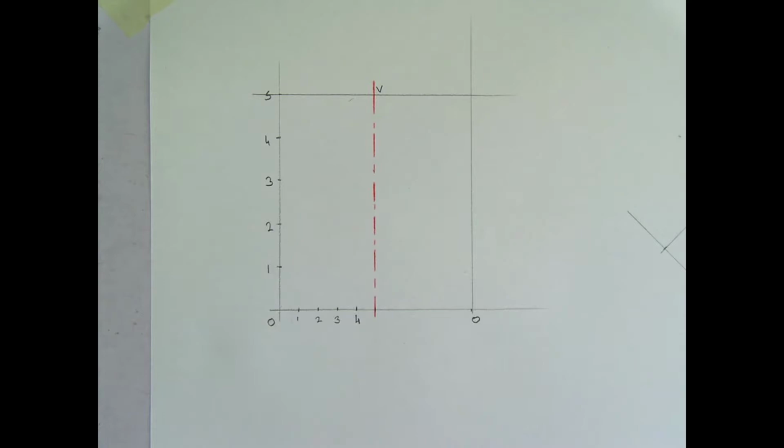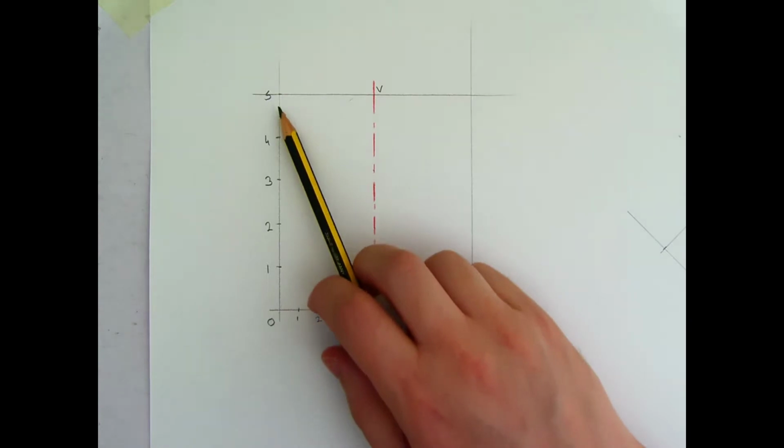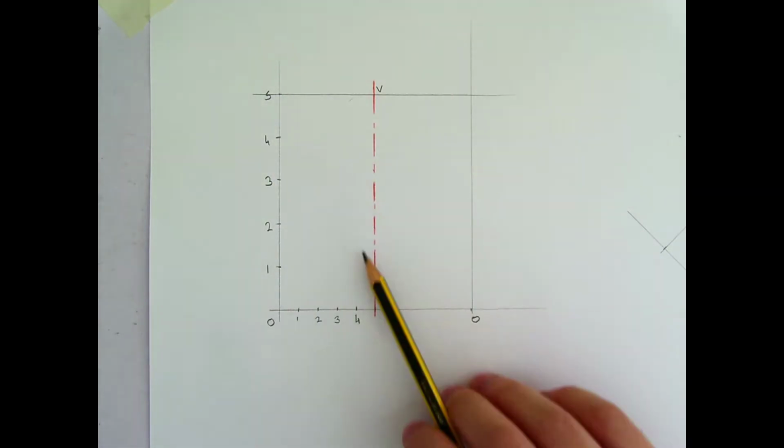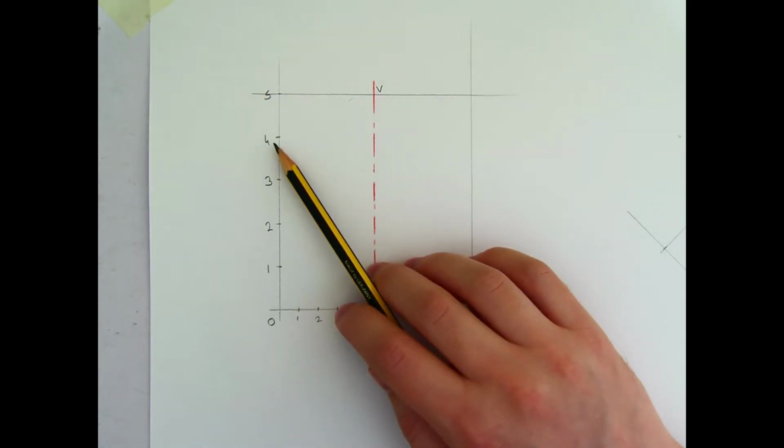Now, this is the bit that catches most people when they're drawing it. If I take the lines that are parallel to the axis, they need to join to the vertex.